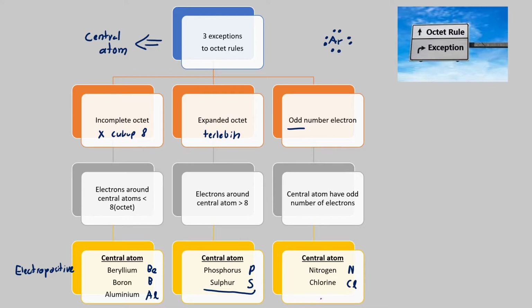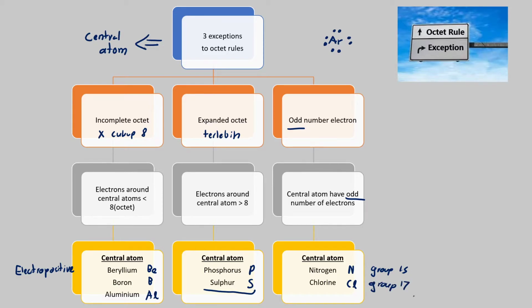While nitrogen and chlorine, why do they have odd? Because if you remember, the central atom nitrogen is group 15, right? And chlorine is group 17.